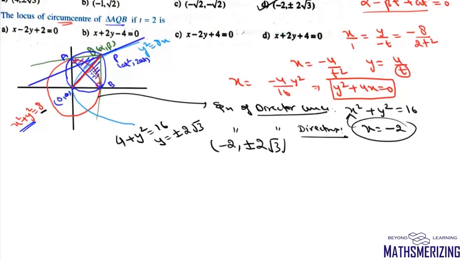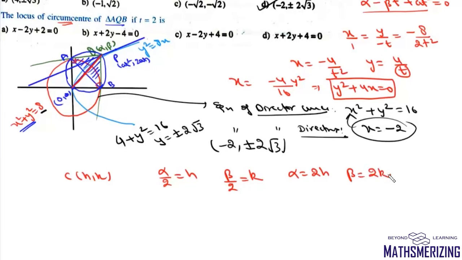So let the circumcenter be h comma k. So using the midpoint formula, we can write alpha upon 2 equals h, beta upon 2 equals k. So from here we'll write alpha equals 2h and beta equals 2k.